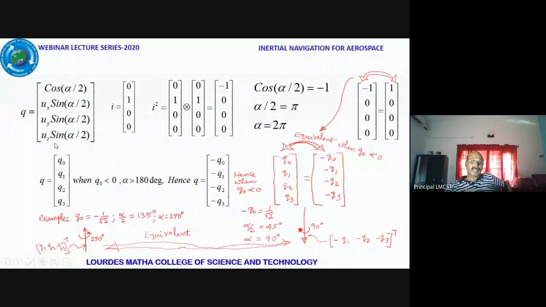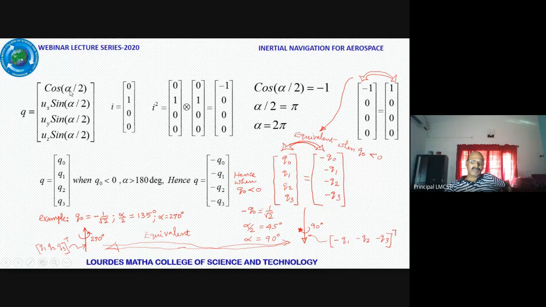So we accepted the quaternion having 4 elements, and these 3 elements represent an axis of rotation, and this also represents the eigenvector of the BCM matrix connecting the 2 frames in question, and this is a function of the angle to be rotated about this axis. I repeat that statement.